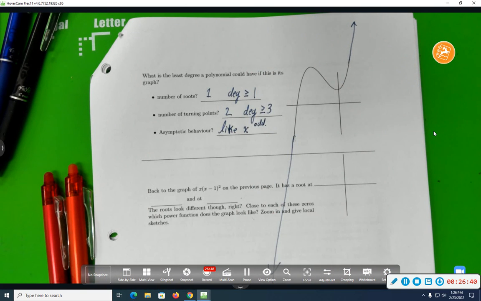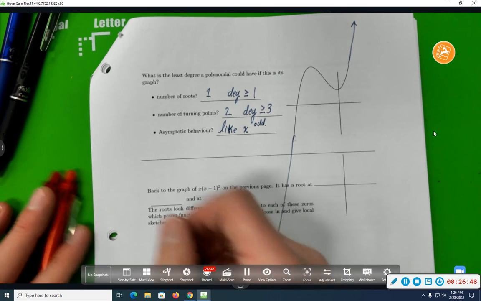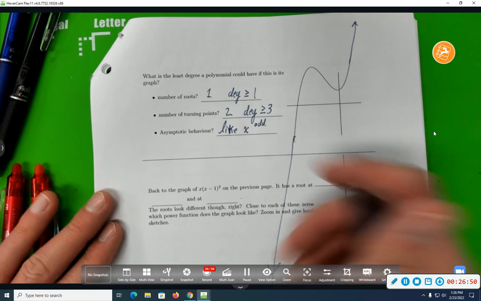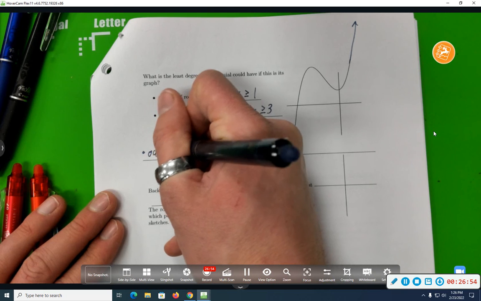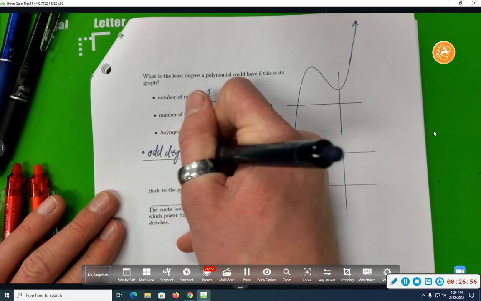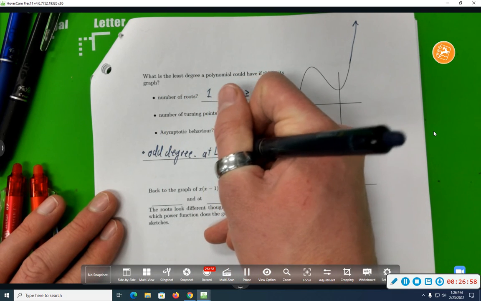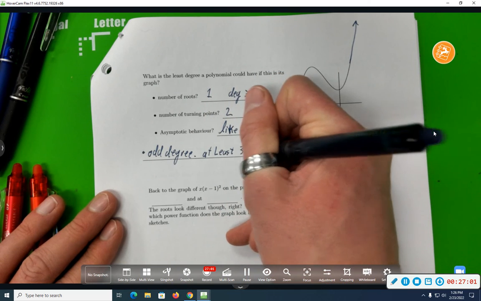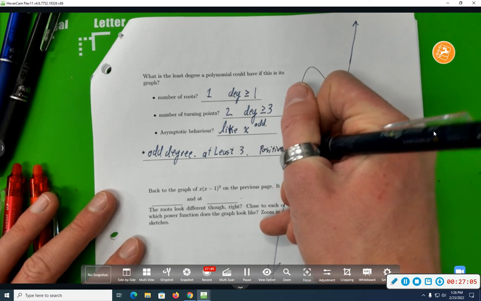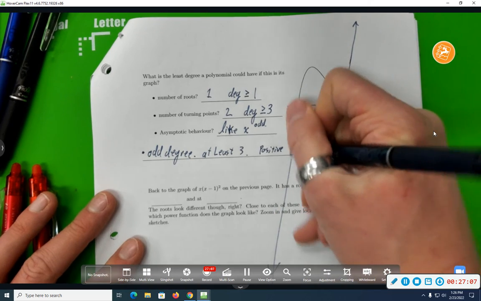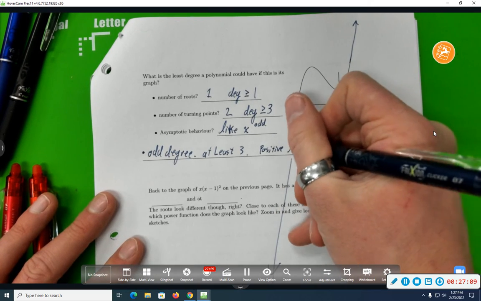So it looks like x to the power odd. It's probably cubic, but it could be something to the 5th power. I can't tell. So what conclusion can you make? You know that this is odd degree, at least 3, with positive leading coefficient.